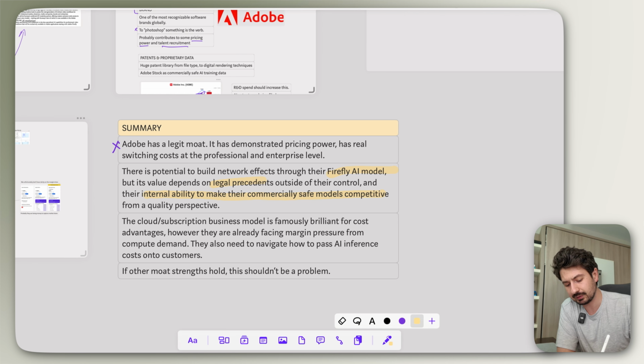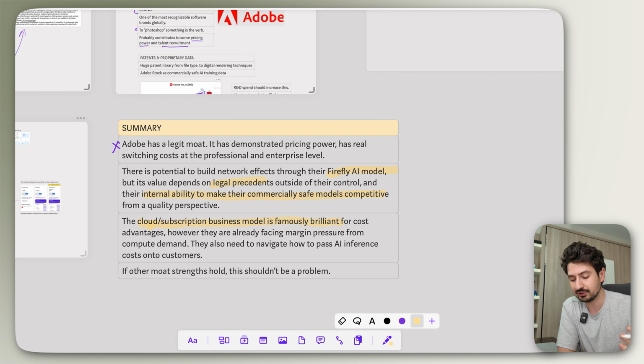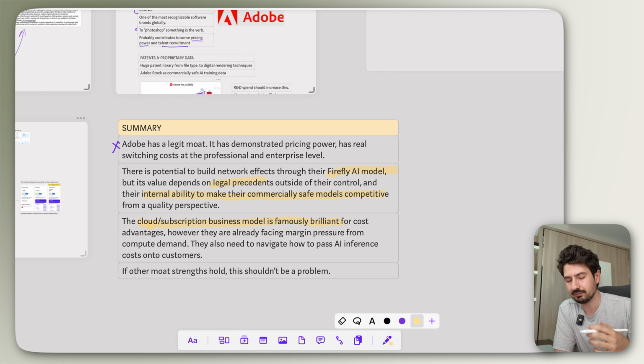The cloud and subscription business is famously great for cost advantages, but I think they are facing a scenario with real margin pressure that isn't necessarily publicly talked about yet. Those compute costs are going to keep rising as AI demand scales, unless we see some sort of innovation or the AI build out happens faster than everyone expects, which allows the supply to reach an oversupplied state and those costs to come down.